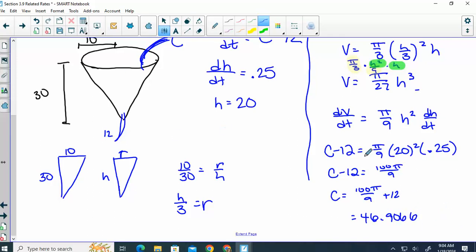This is how fast the water is coming in, so it is a volume, so it'd be cubic centimeters per second. So that is how fast the water is coming into the cup. Questions on that one?